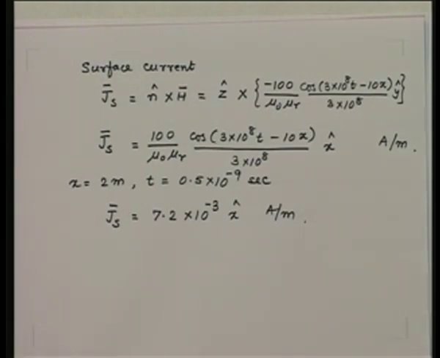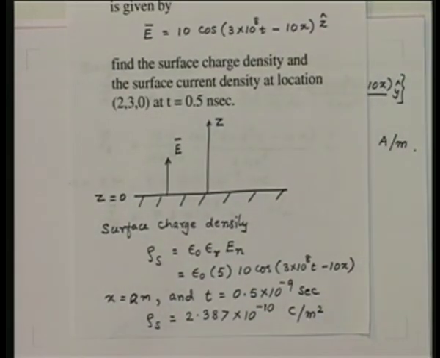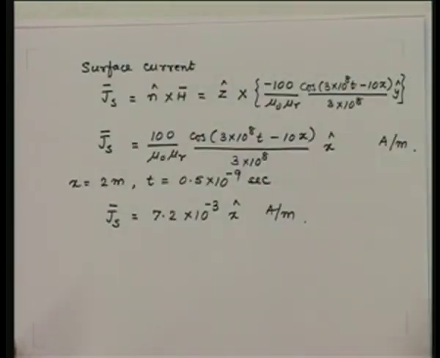So, in this case, the electric field was given close to the conducting boundary. From the knowledge of the electric field, we find out the magnetic field. Then we find out the tangential component of the magnetic field. Then using the boundary condition that n cross h gives the surface current, we find out the surface current on the conducting boundary at location x equal to 2 meters and time t equal to 0.5 nanosecond.